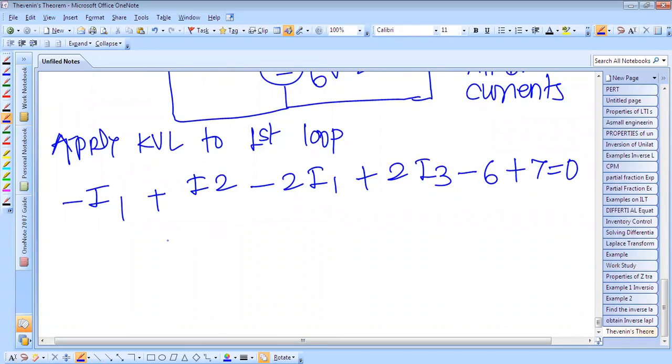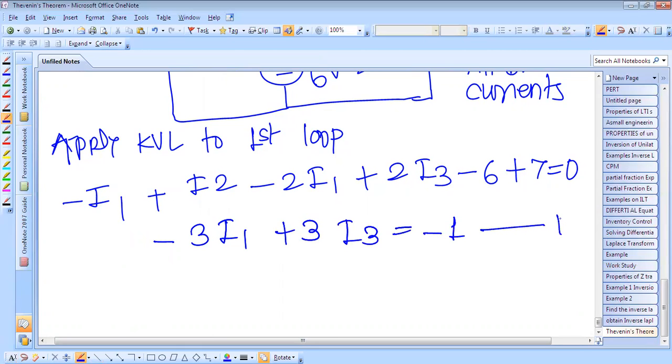I1, I2, I1 will take at one place, so 3I1 and this is plus 3I3 and this is a plus on this side. If you take here it will be minus 1. So this is equation number 1. I2 is also there. Okay, some mistake is there.